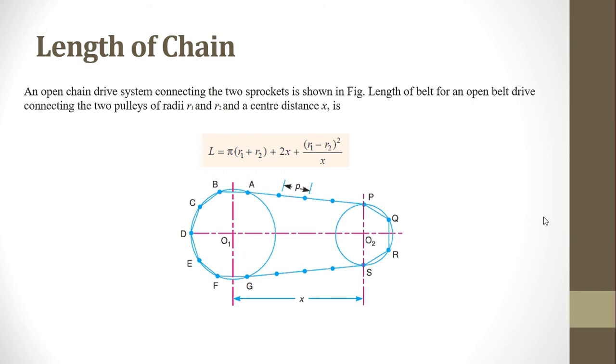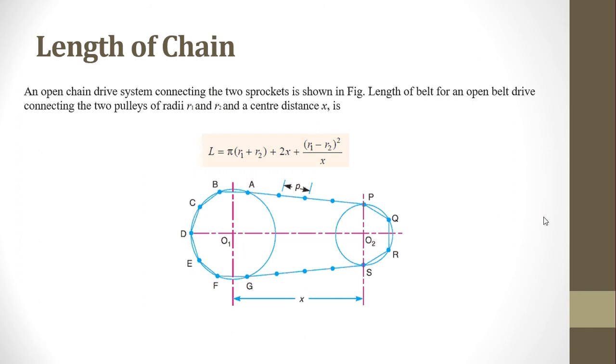But the terms here, R1, R2 and X etc., will be different for the case of chain drives. So let's first familiarize ourselves with the different terms. There are two sprockets with a chain connected. The distance between two hinges is the pitch, and then we have different radii for the two circles.